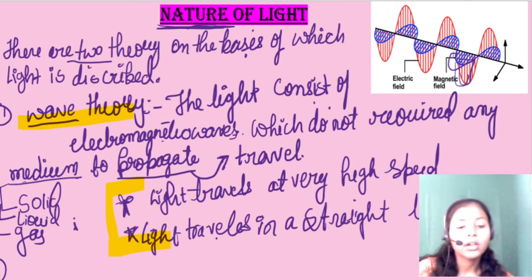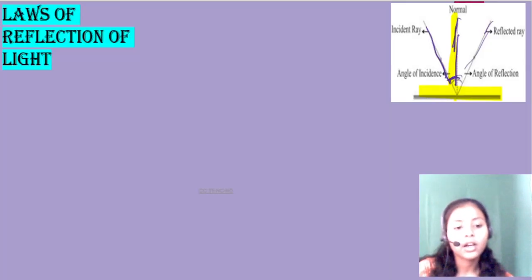So the second theory is about what? The particle theory. You can understand that the particle theory means light consists of particles. So our topic is the particle theory.